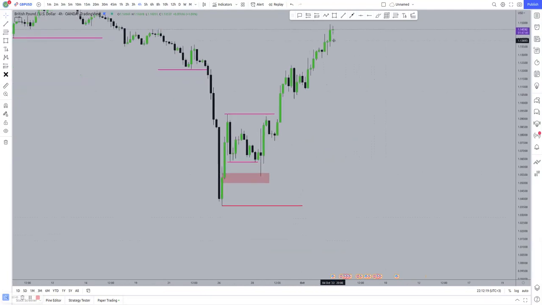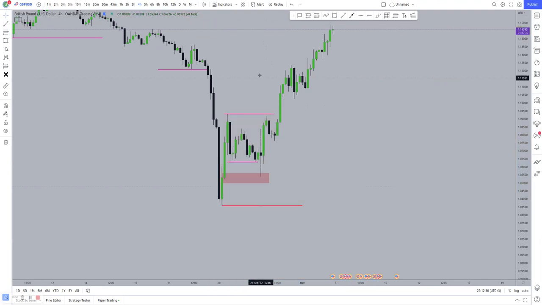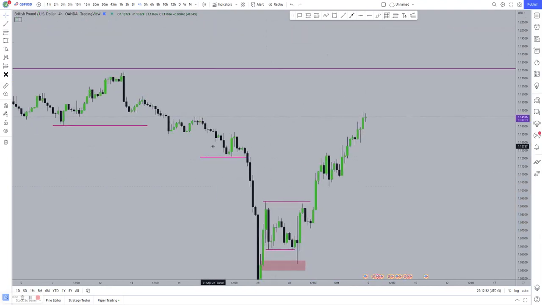Since I have this formation here, I already have a bias that price is going to go bullish. Now, since we have this breaking structure here and this order block, that means this order block right here is still valid.